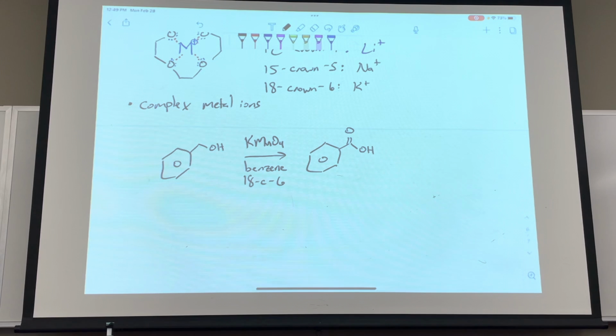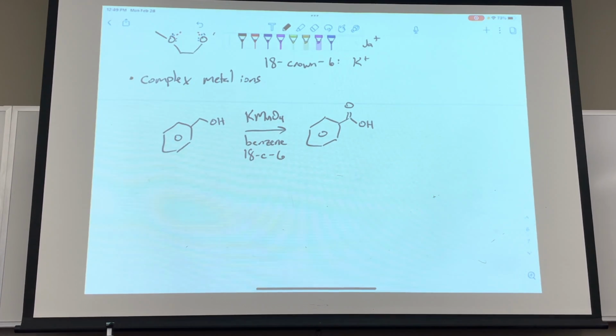So it's a pretty visually stunning thing to see. But that's where we're going to use these crown ethers. It's primarily used when you have a situation where you're dealing with an organic substrate and an organic solvent, yet you have to use an ionic reagent. It's just matching solubilities.